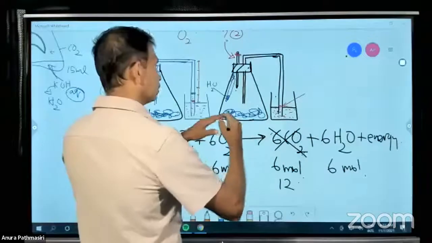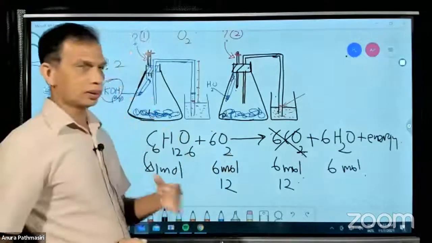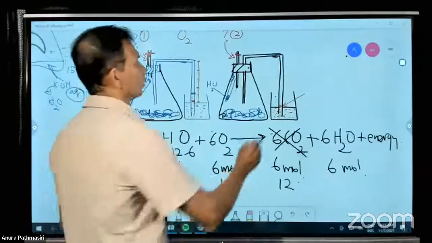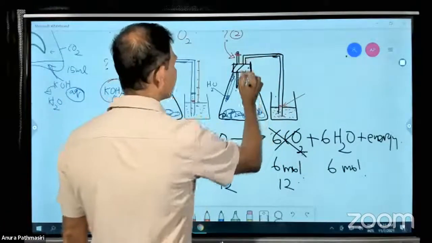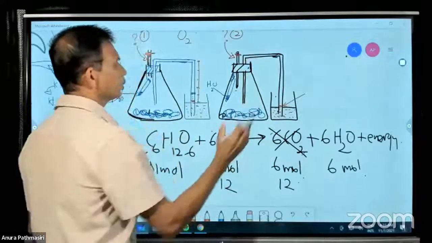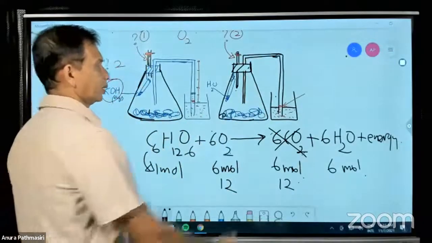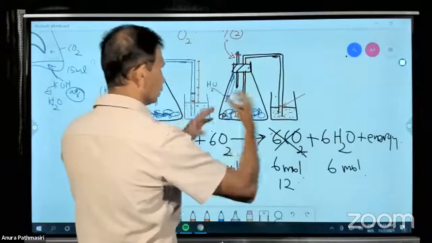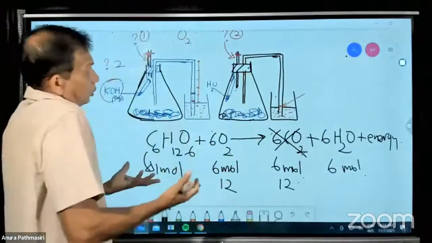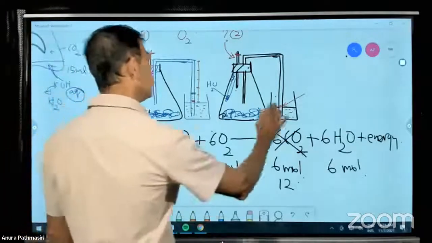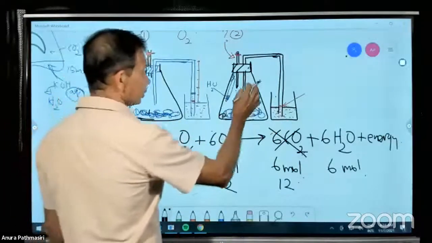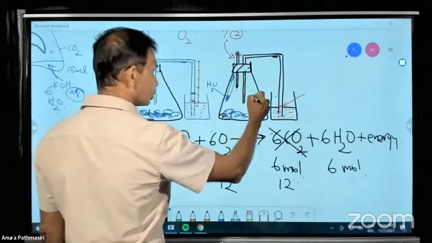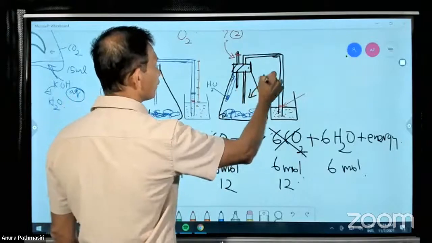The germination will continue and will stop because the oxygen available in the system will be totally used up, consumed. So no more germination takes place. And as oxygen is used in the system for germination, oxygen is removed from the system.